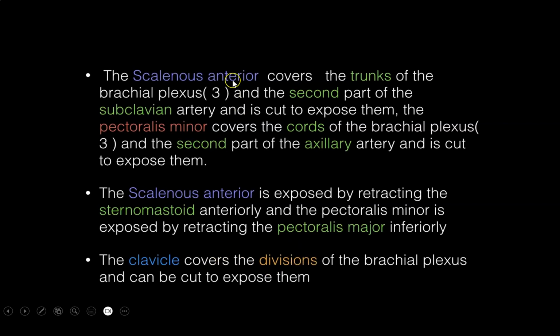So scalenus anterior is the anterior cover of the trunks, the pectoralis minor is the cover of the cords, and behind the clavicle are the divisions of the brachial plexus.